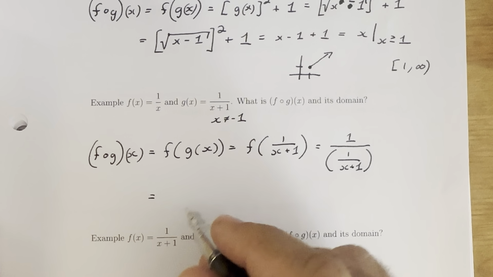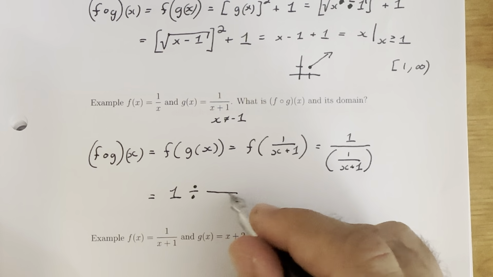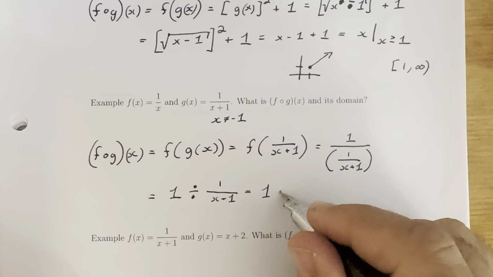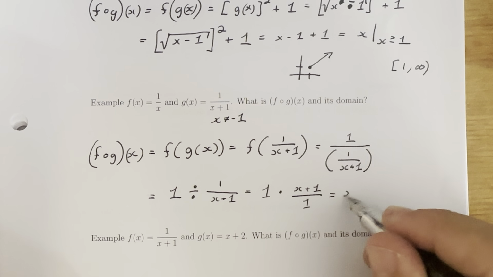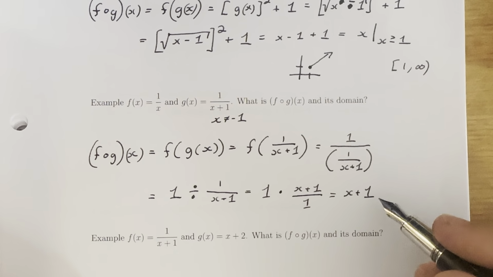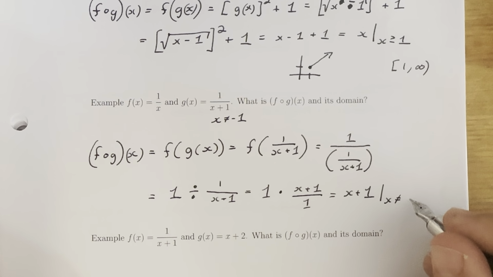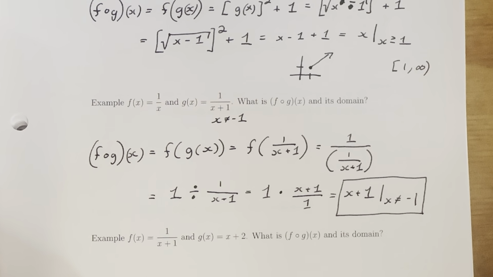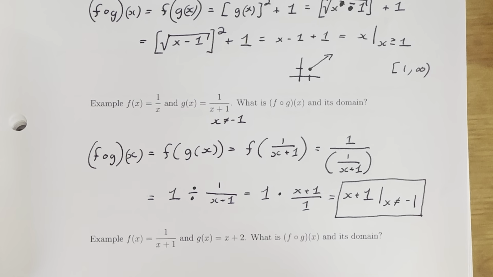And so this is the same thing as 1 divided by 1 over x plus 1, or 1 times x plus 1 over 1, which is simply x plus 1. Don't forget our domain restriction that x cannot equal -1. And that would be our final answer for that one. Okay? Moving on.